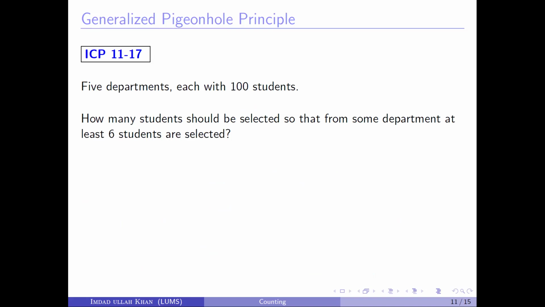So we have 100 students, we have 5 departments. n over 5, where n in this particular case represents the number of students. So we have 5 departments. Each department has 500 students. How many students should be selected so that from some department at least 6 students are selected?